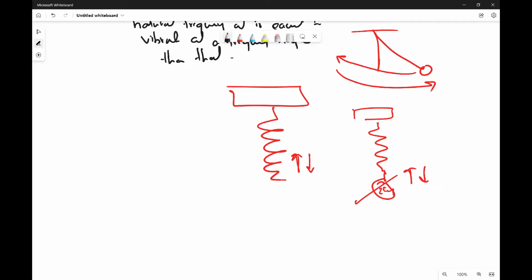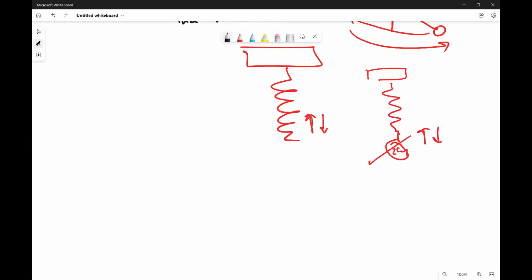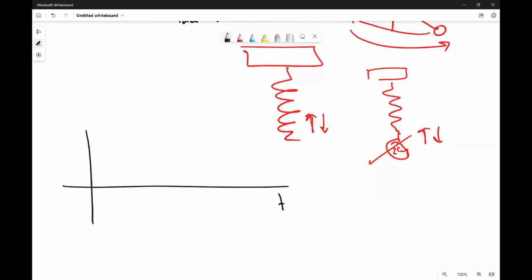Yes, clear. Okay. You can represent the motion of oscillating objects on a displacement time graph. So a displacement time graph looks something like this: time on the x-axis, displacement on the y-axis.